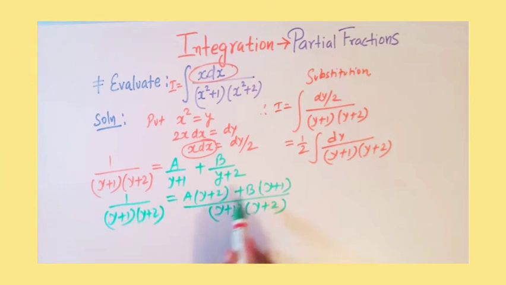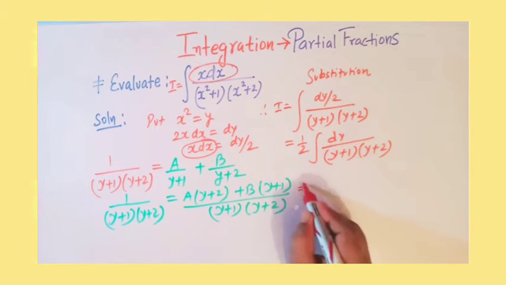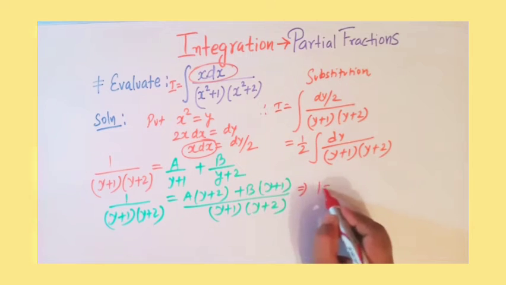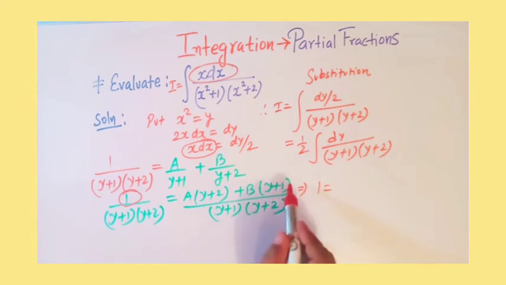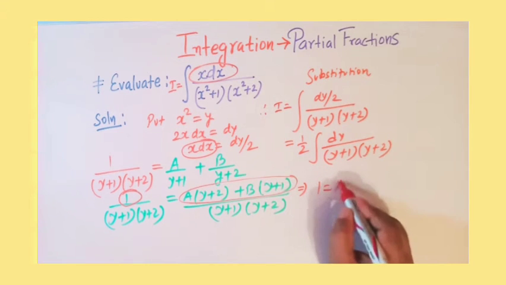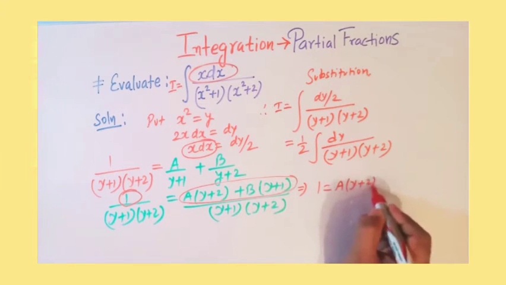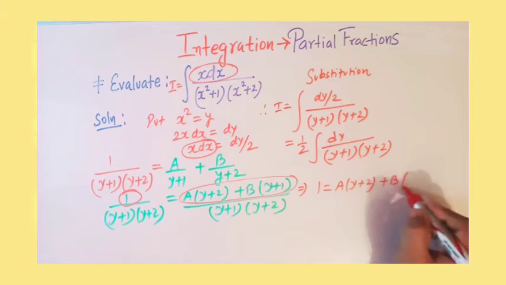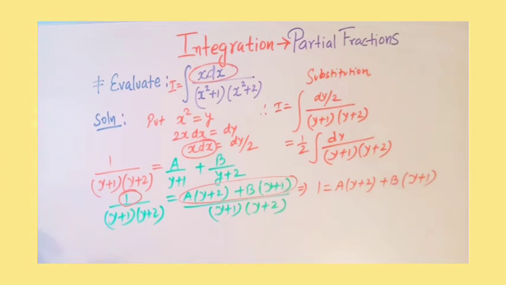Now if we compare both these rational functions, we see that 1 is equal to this expression, that is a times (y plus 2) plus b times (y plus 1). Clear?